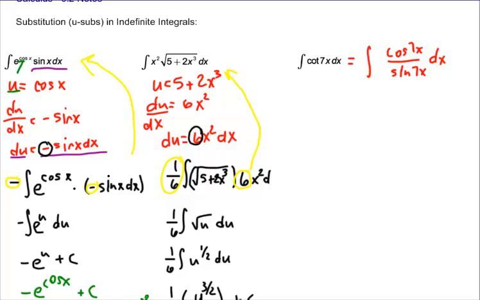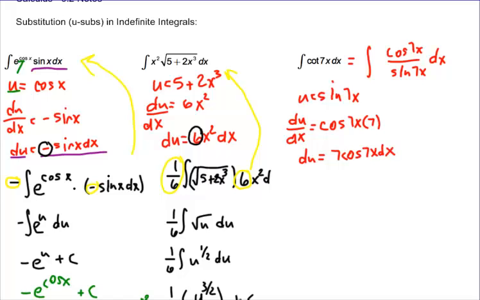And so what I would recommend is that you let u equal sine 7x, because du dx is going to be cosine 7x times 7. So du is equal to 7 cosine 7x dx. Okay?